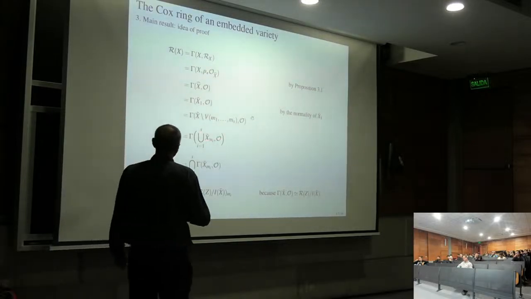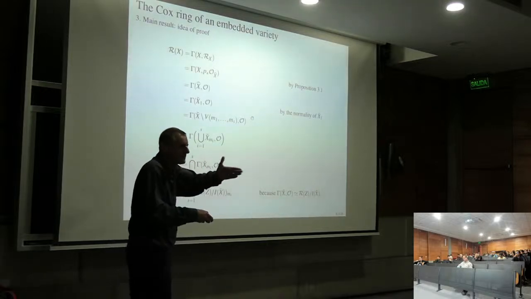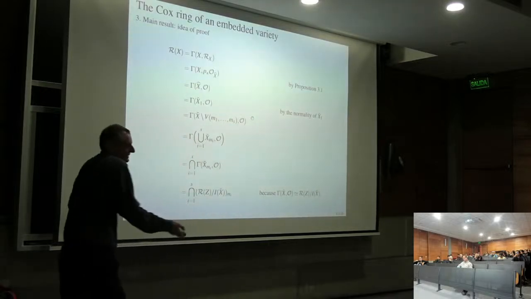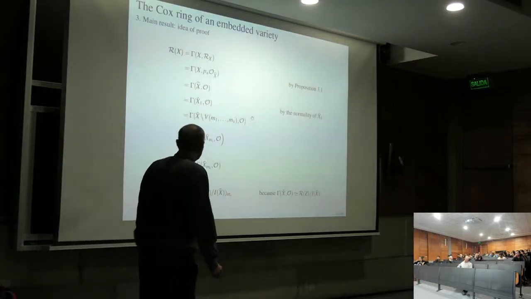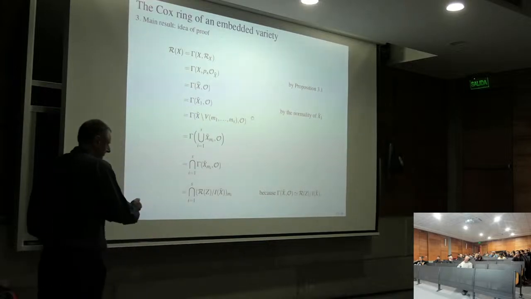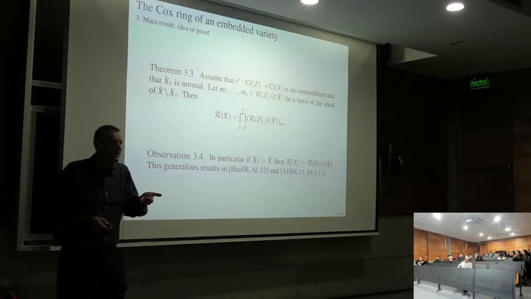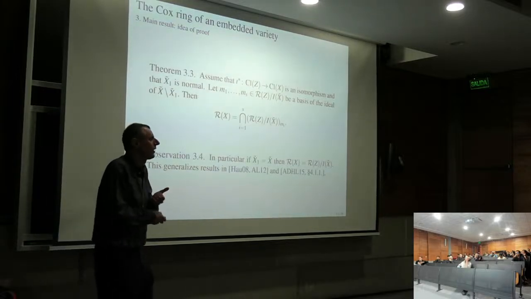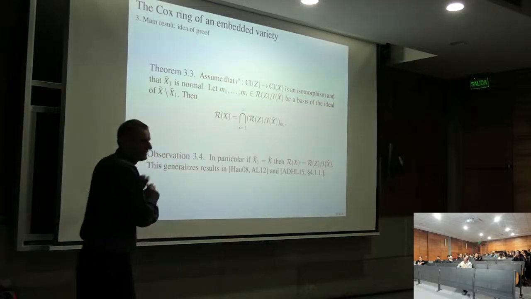And if you want regular functions on this union, then they are the intersection of regular functions on each one of them, and then you have the result eventually. So this is quite straightforward. So basically now we have a description of the Cox ring of the embedded variety as an intersection of localizations, okay, which is a kind of natural bound.